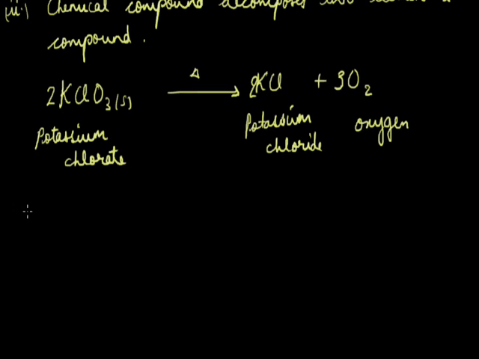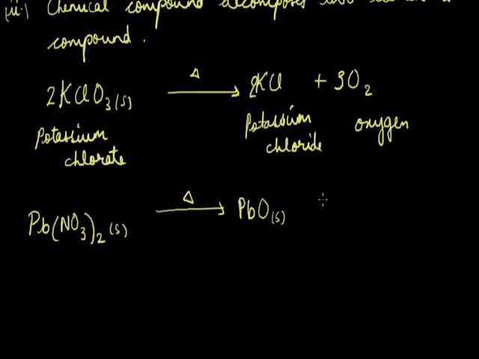Another example of this category is decomposition of lead nitrate, Pb(NO3)2. It also decomposes into compounds and an element. Here it forms two compounds, that is PbO, lead oxide, and nitrogen dioxide, NO2 gas, and oxygen gas.